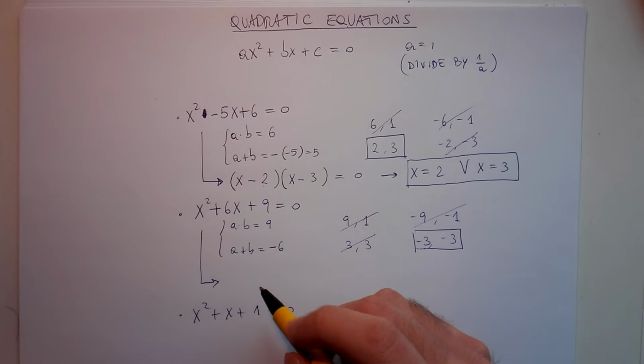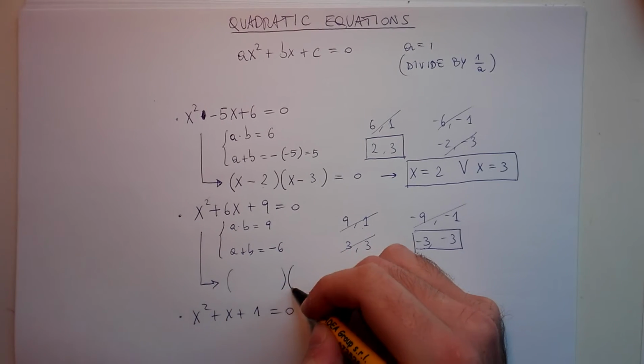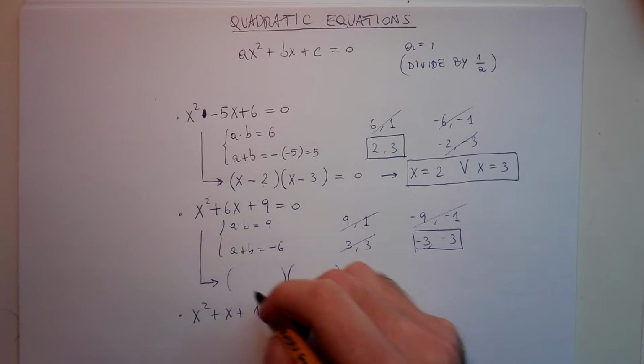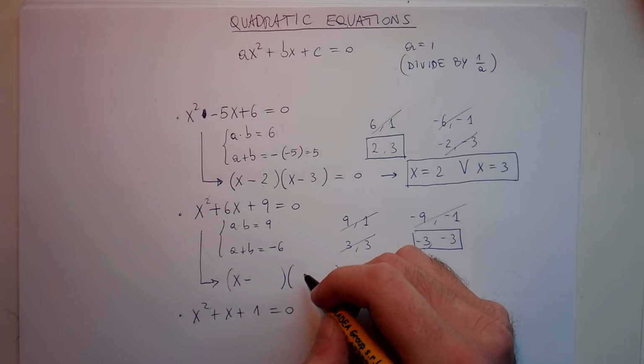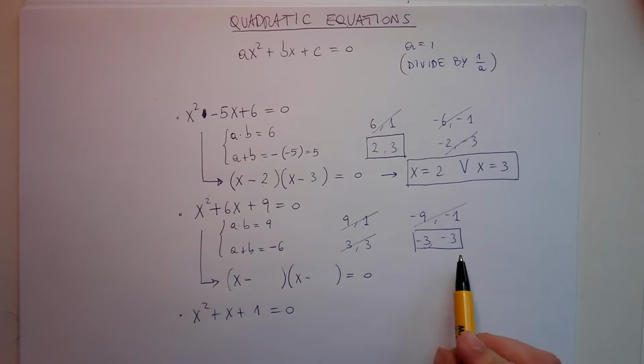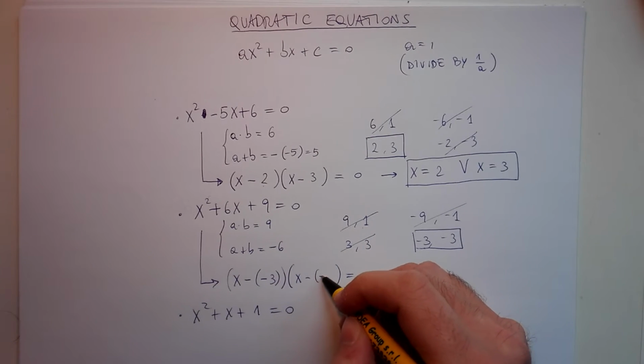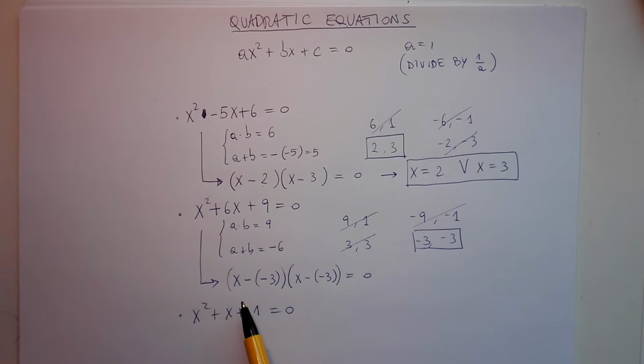So now we can write this polynomial as the product of two factors, where we write x minus and x minus, and in the blank spaces we write the two numbers that we found, so minus 3, minus 3. Pay attention here, because you have to write minus the number you found.